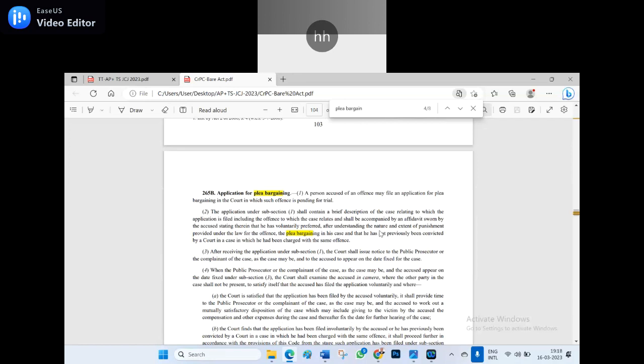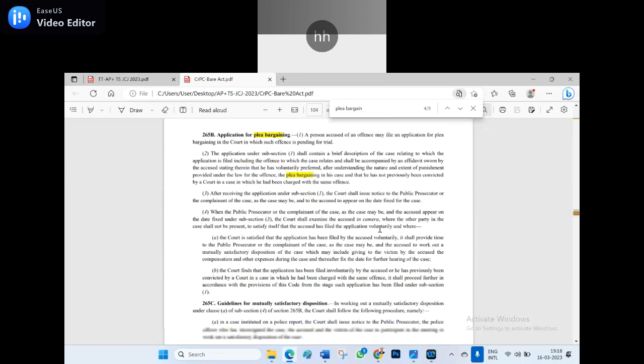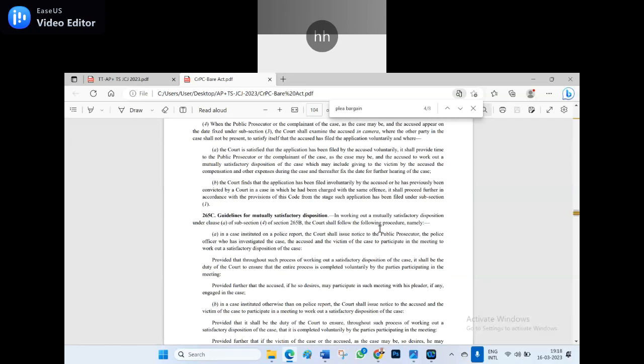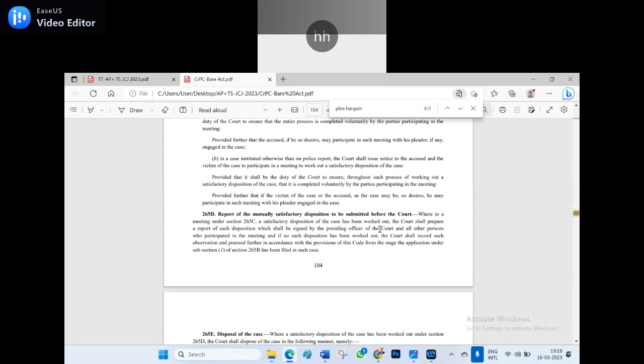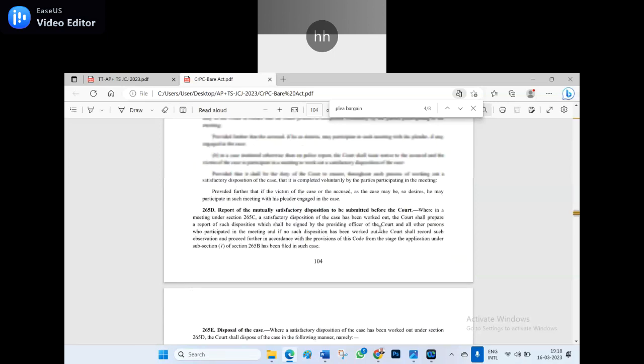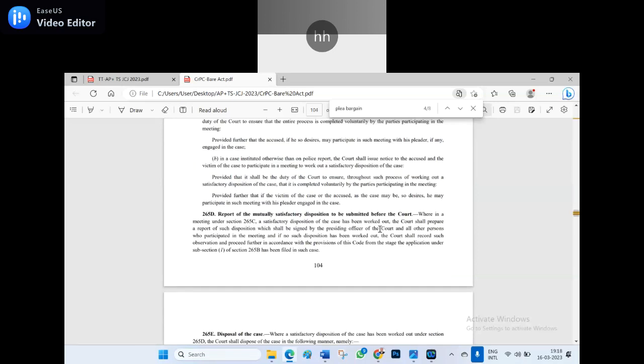Can plea bargaining be made in all cases? No, sir. Cases which are compoundable in nature, yes, it can be. Those which are cognizable offences, generally it cannot be. Then you can see there are many provisions made in 265.